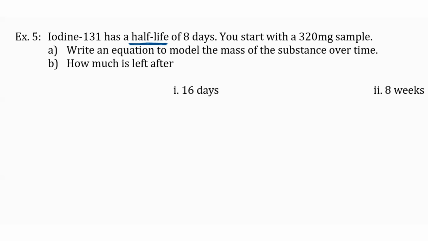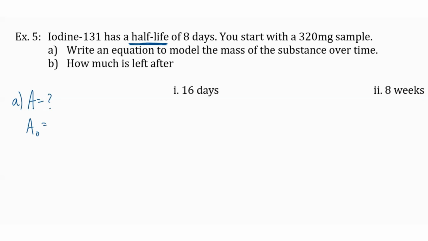So the half-life occurs every 8 days. So what does that mean? Every 8 days it goes down by half. Very good. So what is that telling us about our equation? The 8 is going to be our N. So again, we're looking for the final amount. It says the initial amount.